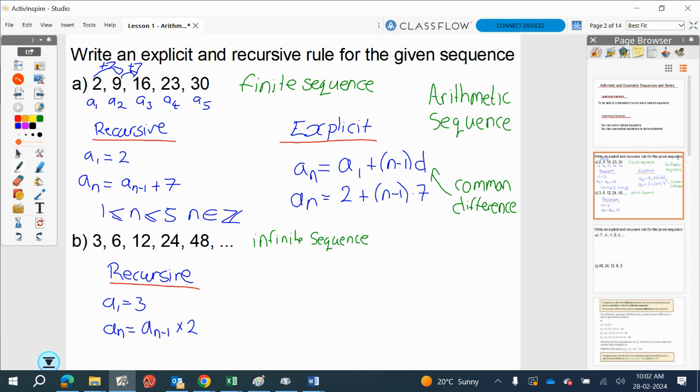Greater than 1 and every positive integer. Greater than 1? We could just define it without, couldn't we? n is any of the positive integers. You don't even need the greater than 1. That would be sufficient. Why is it greater than 1? Because it can be 1. It can't be 0.